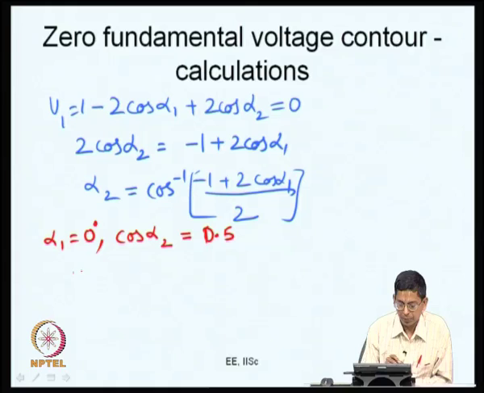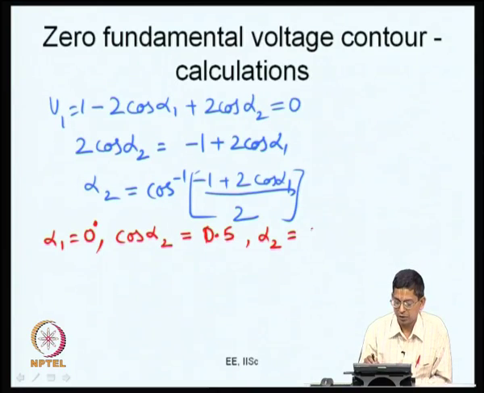Cos alpha 2 is, so minus 1 plus 2, it is 1 by 2, which is 0.5, I am sorry. And alpha 2 is cos inverse of 0.5, which is 60 degrees. So, if I consider alpha 1 is equal to 0 and I want V1 is equal to 0, I get my corresponding alpha 2 to be 60 degrees.